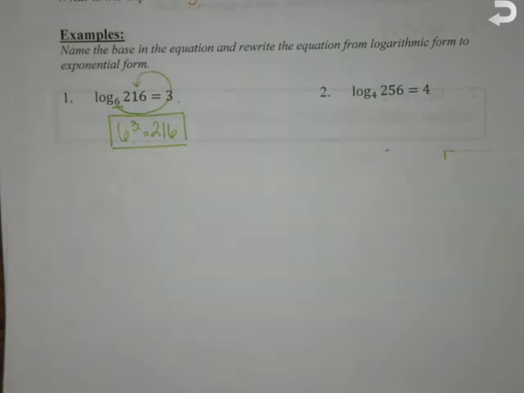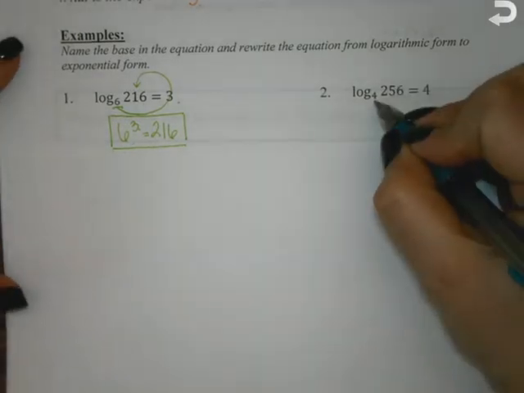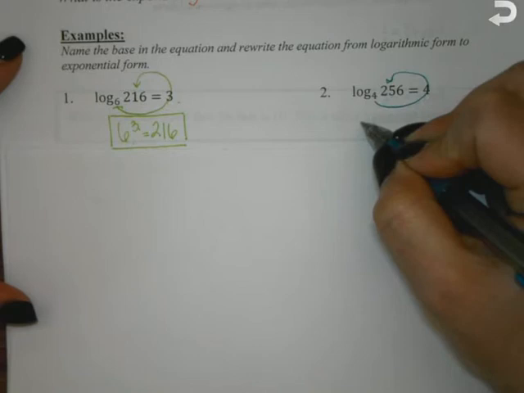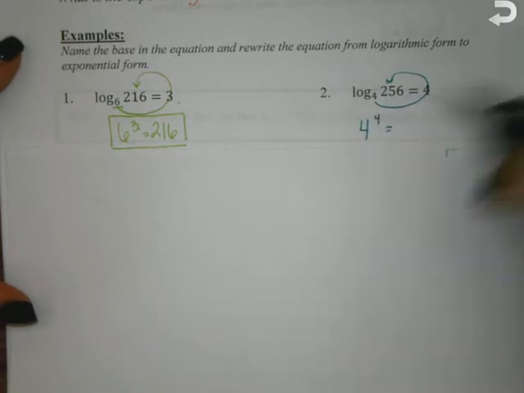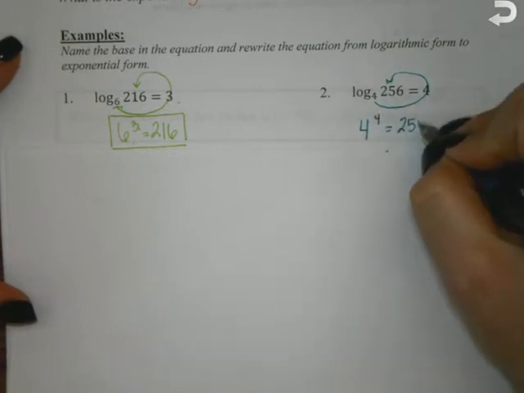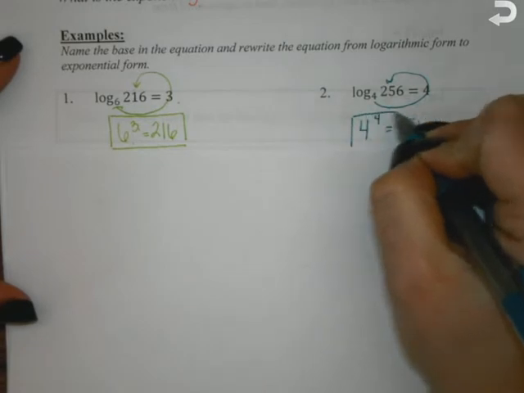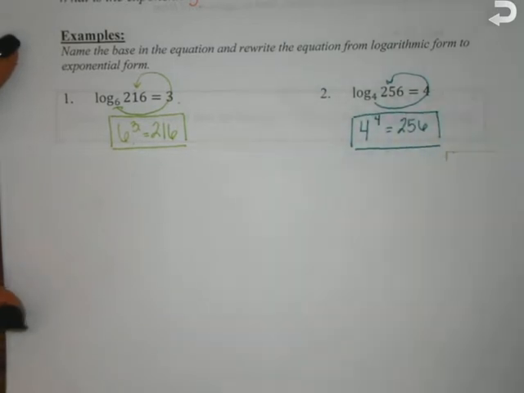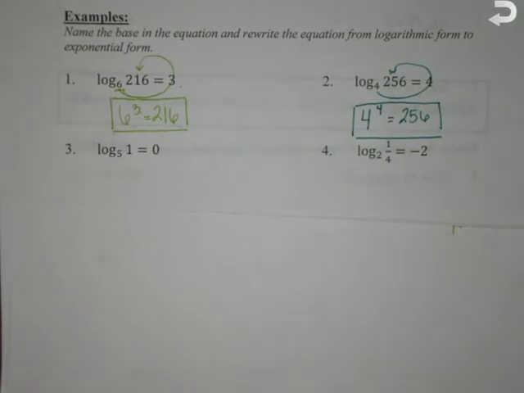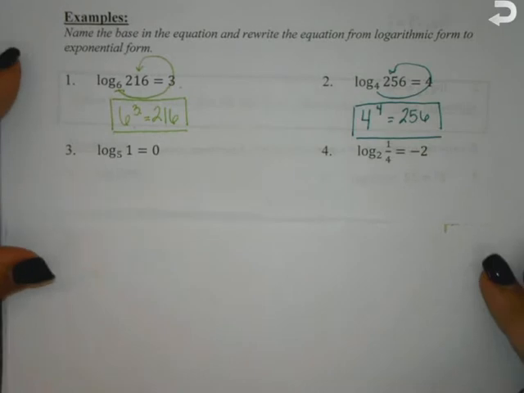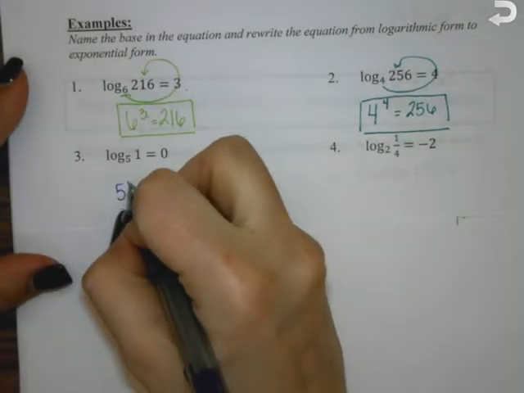Okay, let's look at number 2. What is the base here? 4. What is the exponent? 4. And it all comes out to 256, which is a true statement. How would you rewrite log base 5 of 1 equals 0? 5 to the 0 equals 1.